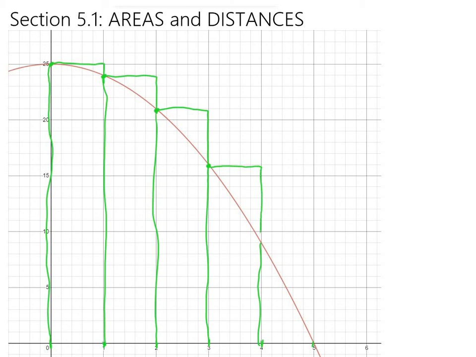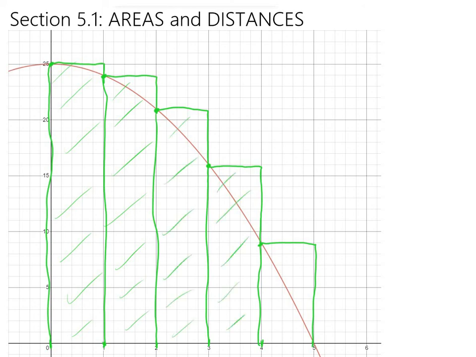But we can go through and draw in each of these rectangles. So these 5 rectangles now are what we're trying to shade and figure out the areas of for the left-hand rectangles. It's good practice to always keep in mind that the base of this rectangle might not be 1 every time, depending on how many rectangles we want.